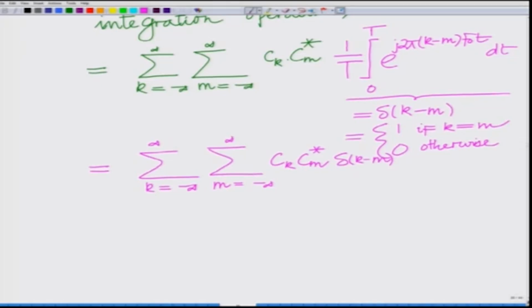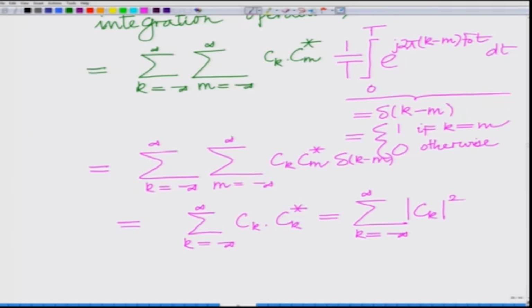Then Ck into Cm conjugate becomes Ck into Ck conjugate, which is magnitude Ck squared. So this is summation k equals minus infinity to infinity of magnitude Ck squared, and this is the expression for the power.